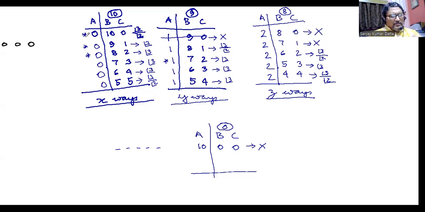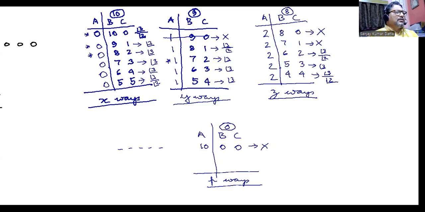But for the sake of parity, let us assume that this is, say, P ways, where P is 0, mind it. But we have taken it. So these are all the ways.